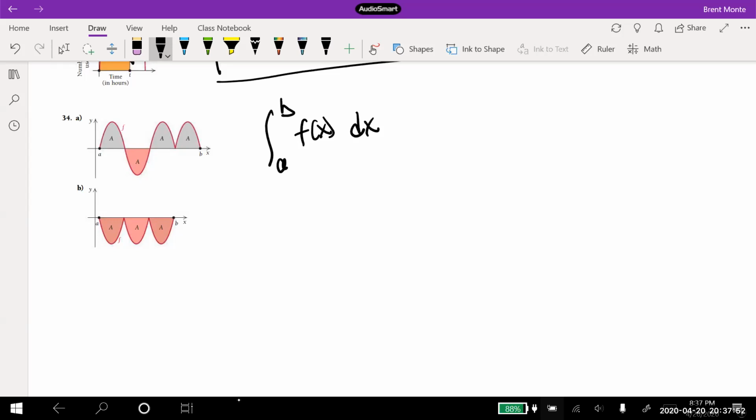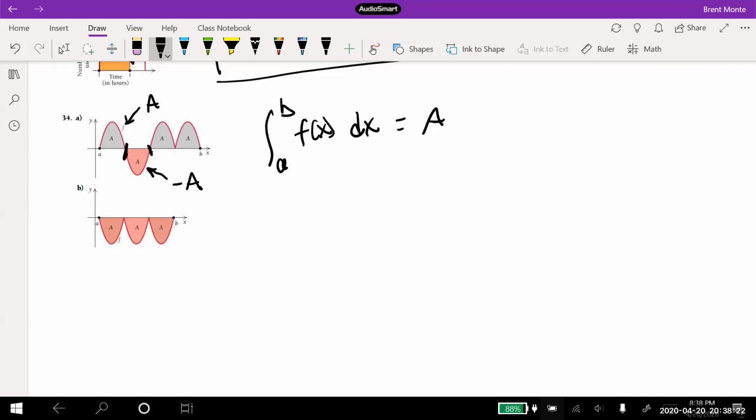Now, we know if it just stopped right here, the answer would just be A. We'd say, oh, the area under the curve, that's A. Now, what's interesting, if I take that piece right there, since this area is A, and this area is under the axis, if I do the integral, it's going to be negative A. And think about that in terms of, say, profit.